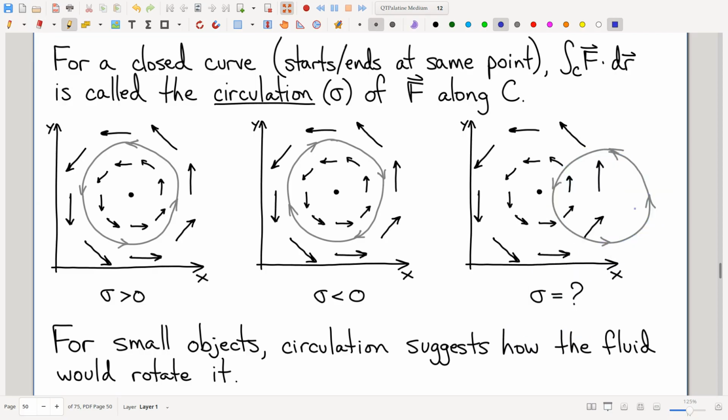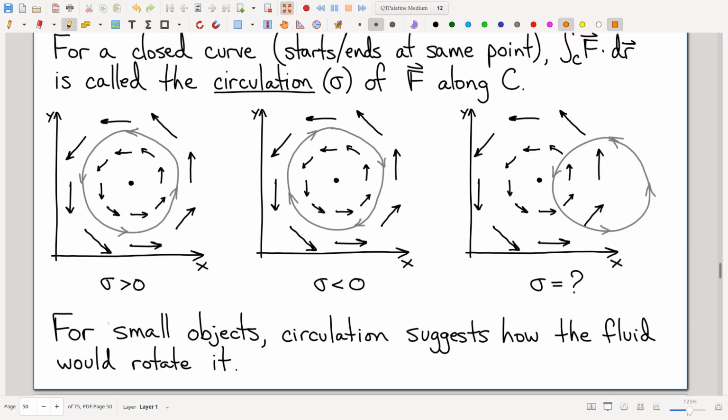Okay, last thing I want to point out. If you were to have some small object, and I like to think of a leaf, especially this being the fall, with leaves falling off of trees onto the surfaces of little rivers and creeks around here. If you see a leaf floating on a creek, and the water is doing this, like so, the water is going around counterclockwise.